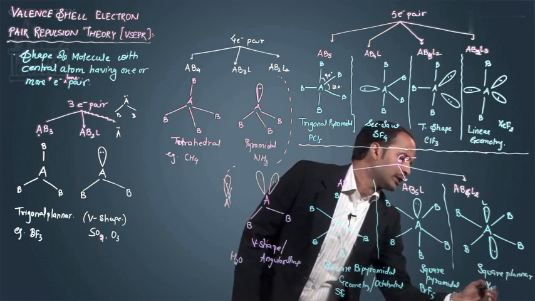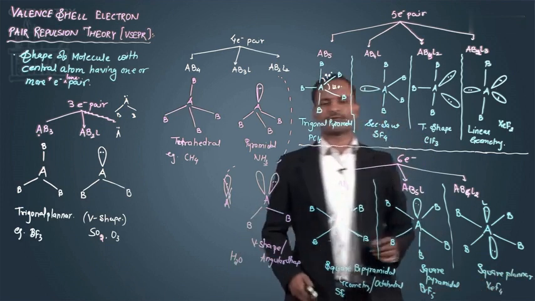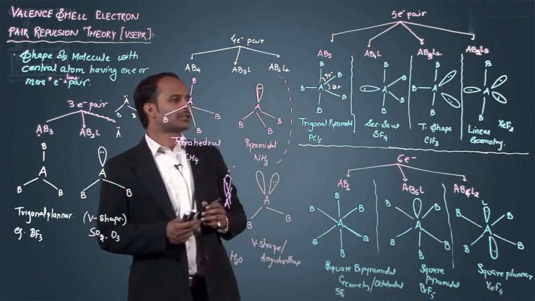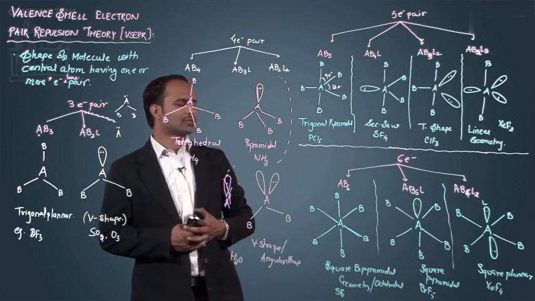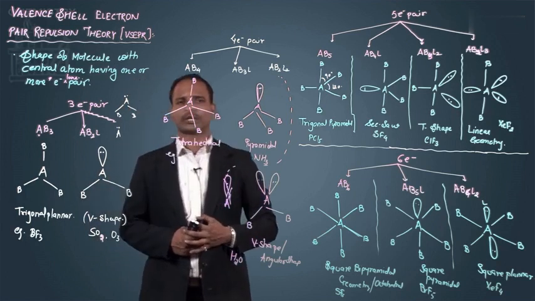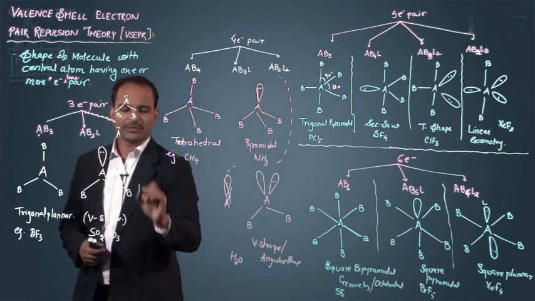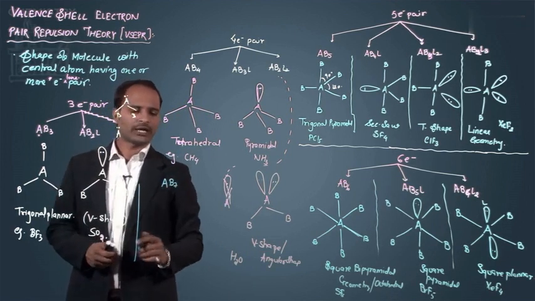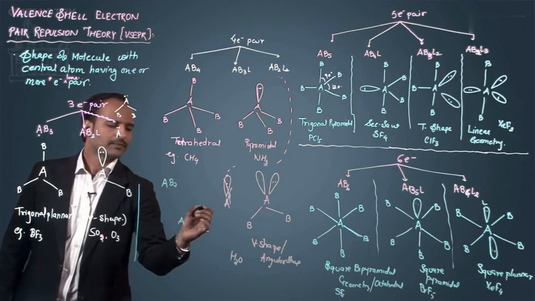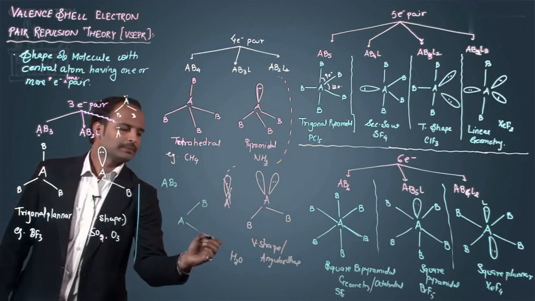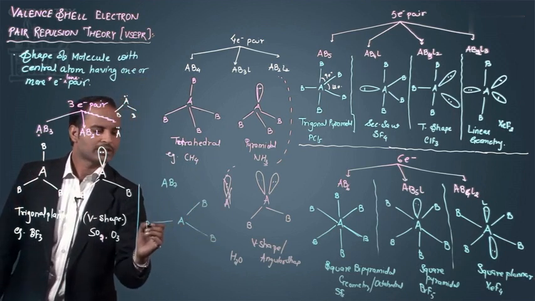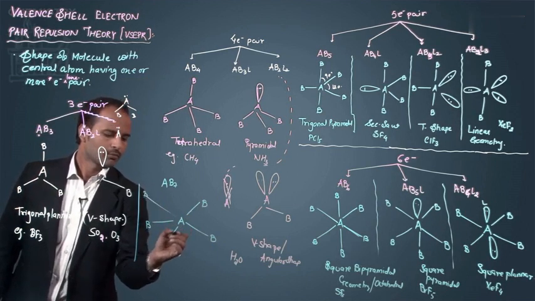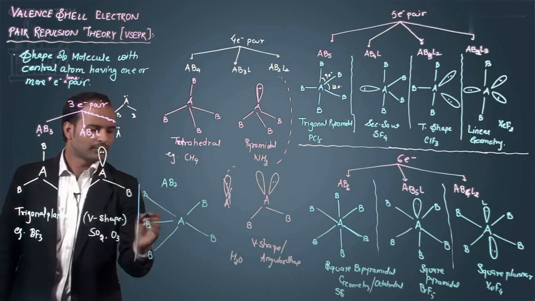And the molecular formula is XeF4. So these are the shapes. If it is having 7 electron pairs, we have one more structure, that is AB7. It has a trigonal bipyramidal geometry where A is at the center. The 2 atoms are here. One atom is here. And in this case, we are not having a lone pair electron.